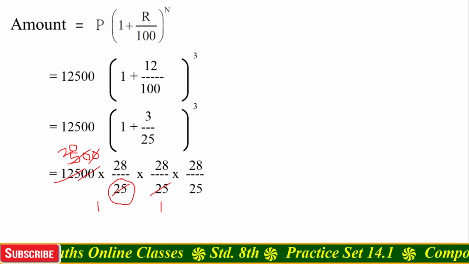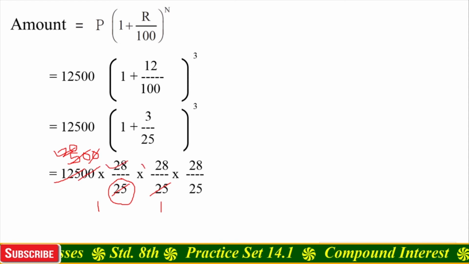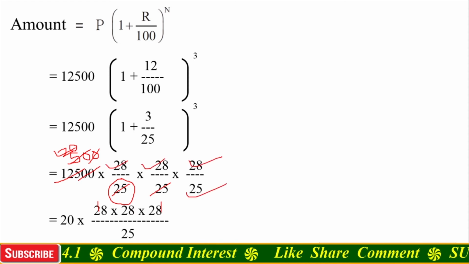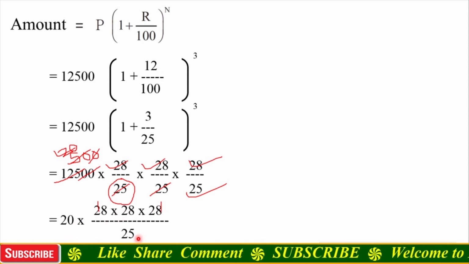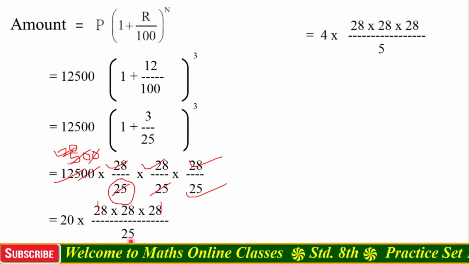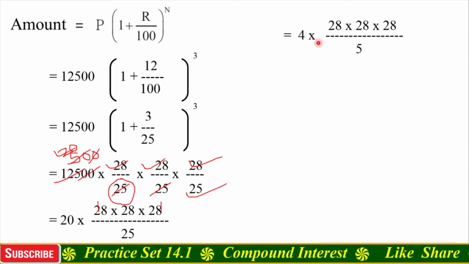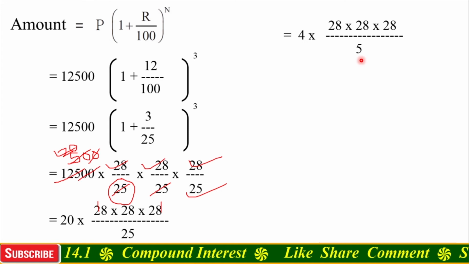Now what numbers are left? Here 20 is there. 28, 28, 28 and down 25. So here 20 we have taken, multiply by 28, 28, 28 upon 25. 20 and 25 we have divided by 5. So we get here 4 multiply by these 3 times 28 and upon 5.